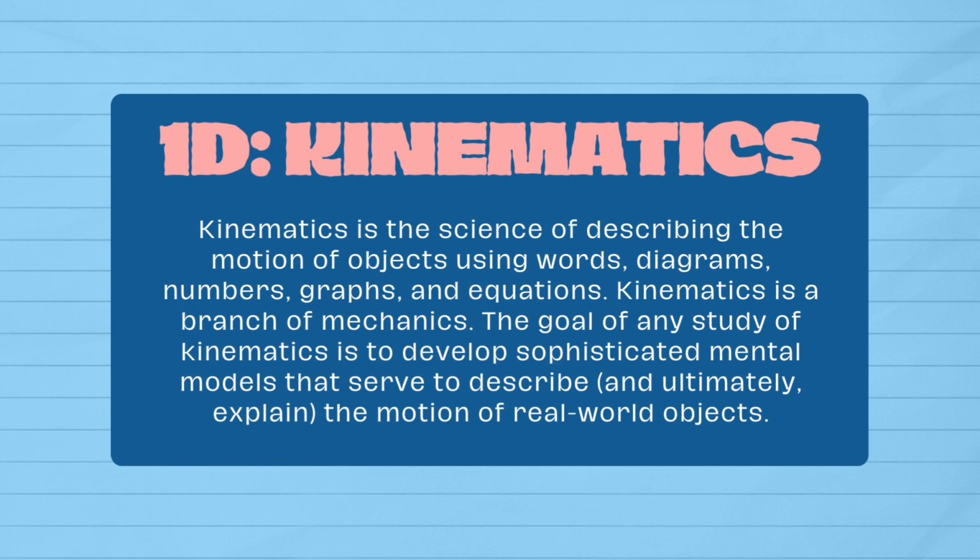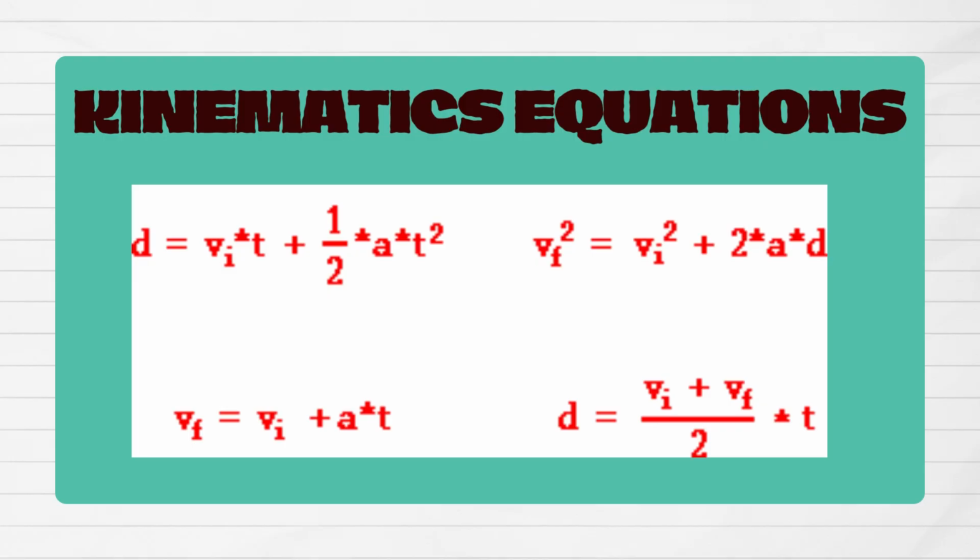So here are the equations or formulas we can use in solving kinematics. The d stands for the displacement of the object. The t symbol stands for the time for which the object moved. The symbol a stands for the acceleration of the object.